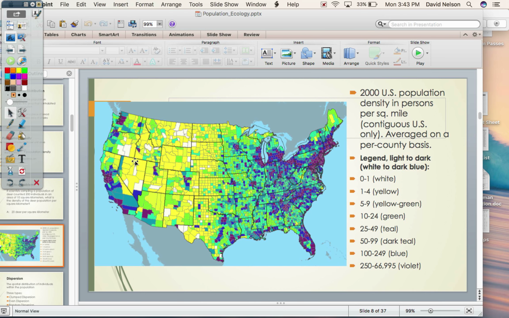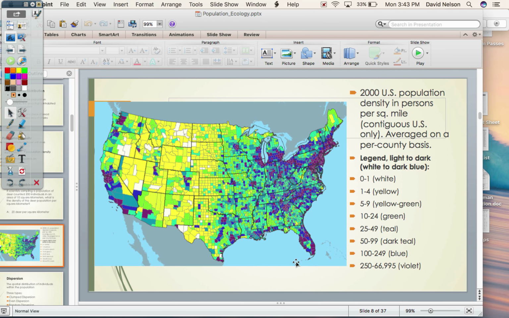We have a lot of yellow, a few whites, a little bit of green in there, and these are much lower density areas where we only have in the whites 1 to 2 people per square mile or 1 to 4 people per square mile on average in this space over here to the west.